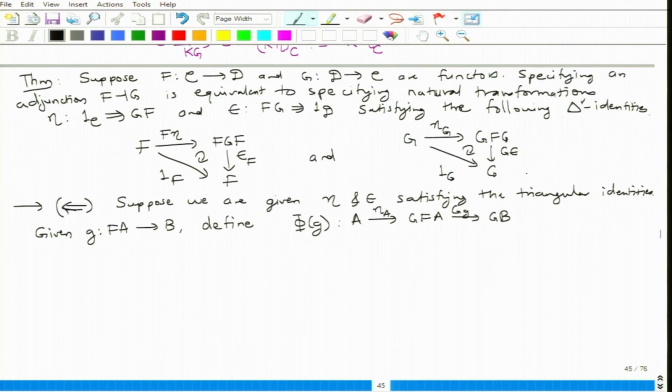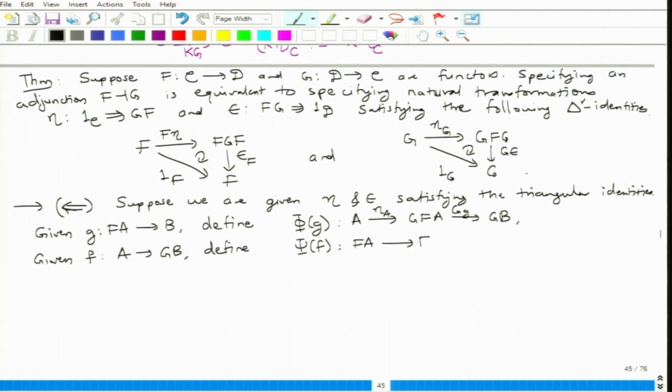Yeah, similarly, given f from A to GB, define psi of f. Now we have to go from FA. FA to what?